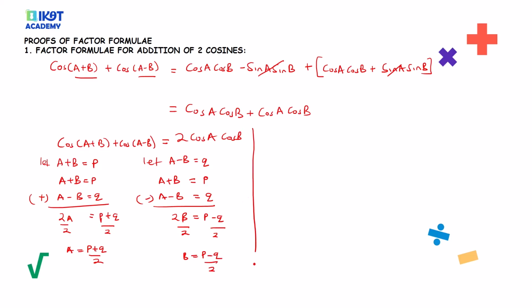So now we substitute both of these into the expression we had. We end up having cos(A plus B), but we said let A plus B be P, so this is cos P, plus cos(A minus B), but we said let A minus B be Q, so this is plus cos Q. This is equal to 2 cos A, but from here A is (P plus Q) out of 2, so this is cos (P plus Q) out of 2, times cos B, but we found that B is (P minus Q) out of 2, so this is cos (P minus Q) out of 2.